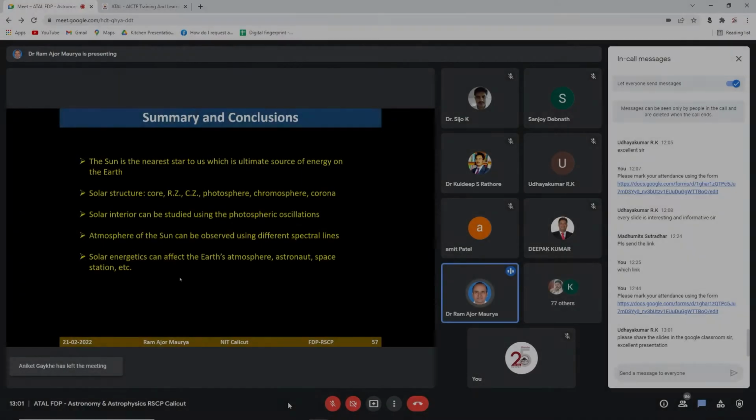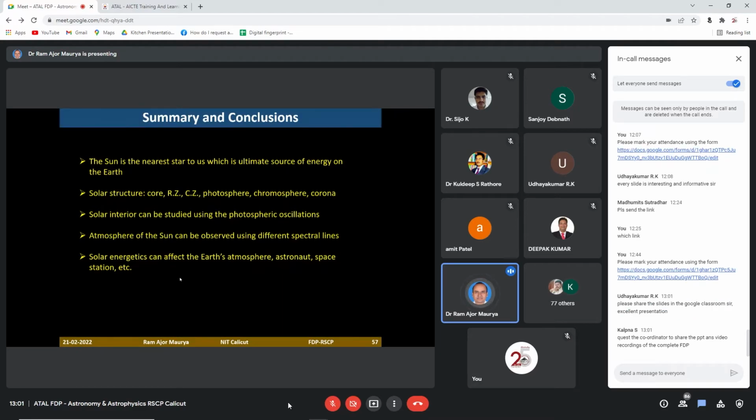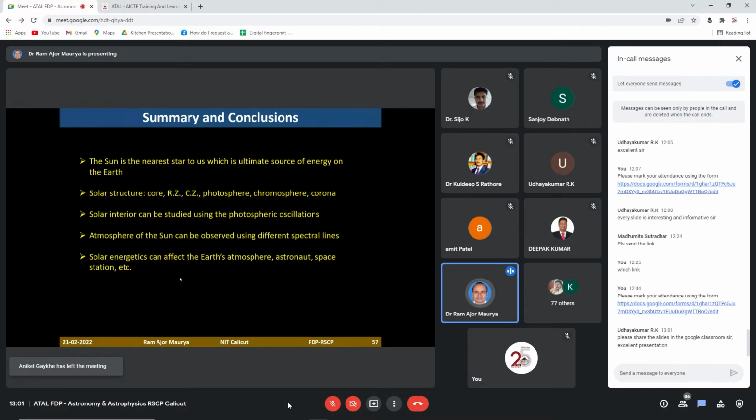Okay, so we can have this kind of a spectrum. So here the black line that you are seeing, this is the black body spectrum, and on the top of the earth atmosphere, if you observe, you will find the yellow color. Okay.